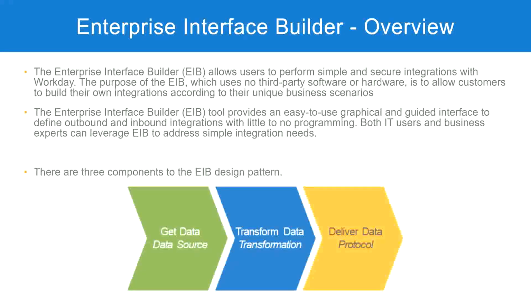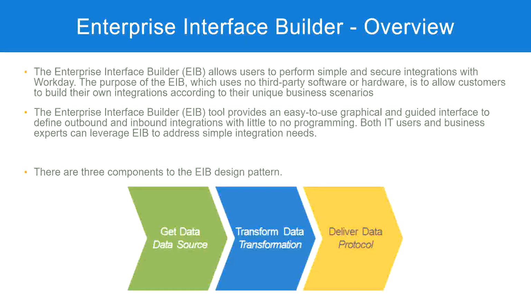Okay. When we create an integration using EIB, we will see these 3 steps there as well. Get data, transform data, deliver data. These are the 3 components in an EIB design pattern. So what we are going to do is we are going to configure these 3 steps.